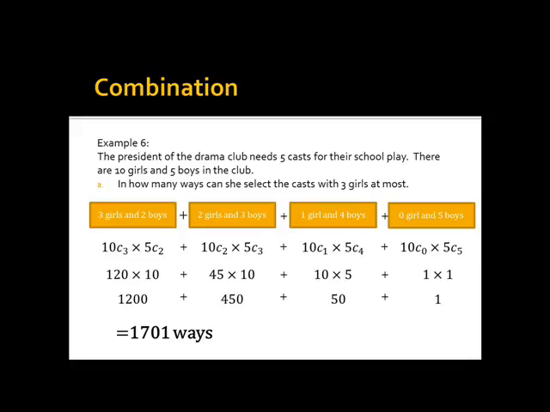So, we are going to add these combinations because all of them are independent events. So, the answer will be 1,701 ways. So there are 1,701 ways to select a cast with 3 girls at most.